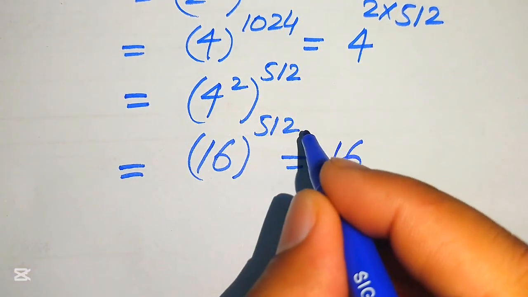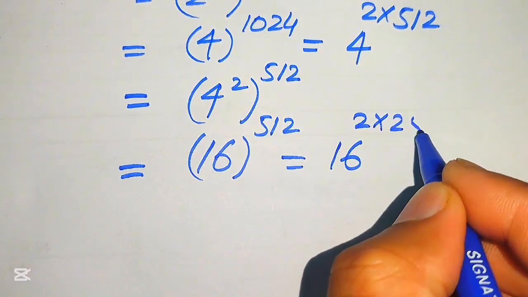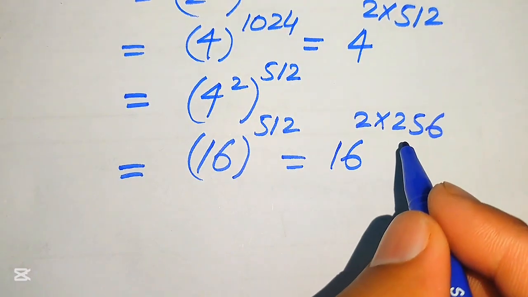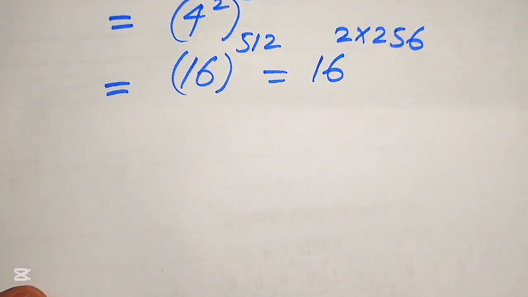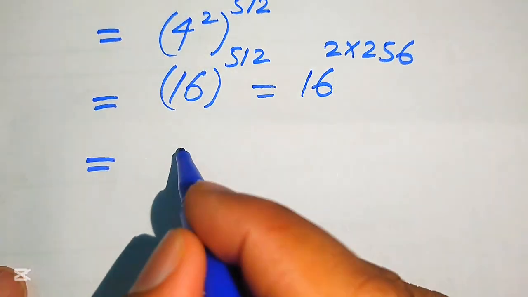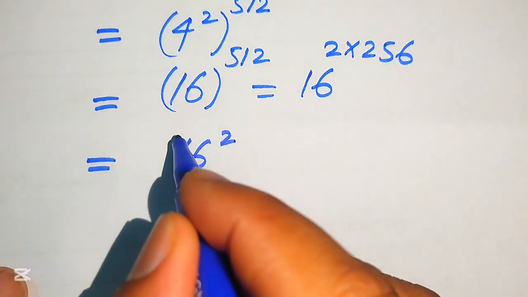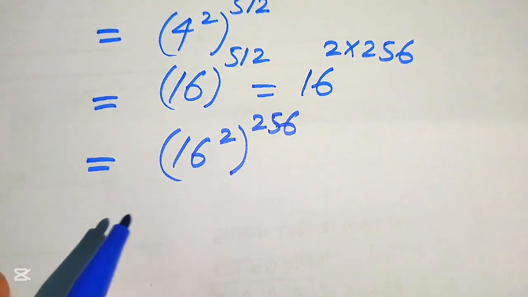We again break this 512 as 2 multiplied by 256. We know that 256 times 2 is equal to 512. And now we again apply the above exponent law. According to the above exponent law, we move this 2 inside the term and it will be written as 16 squared and its exponent is 256.